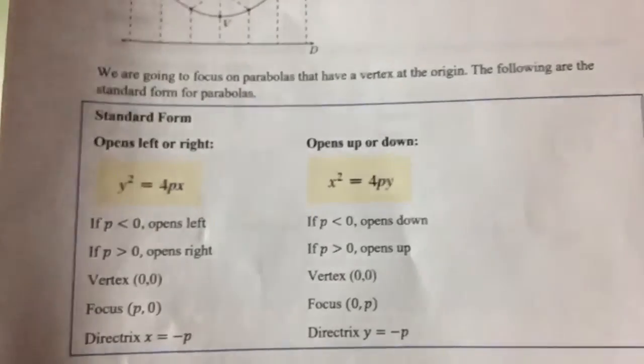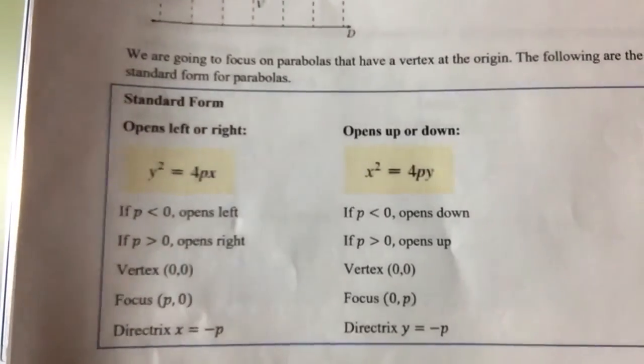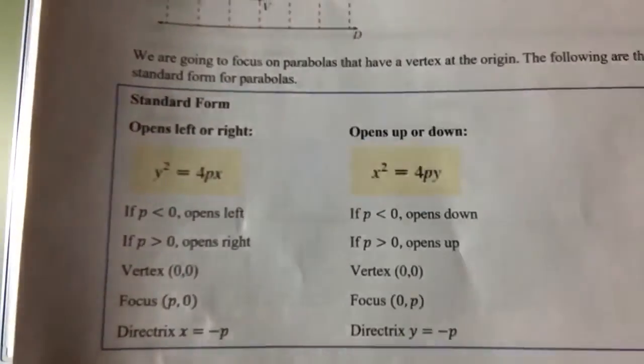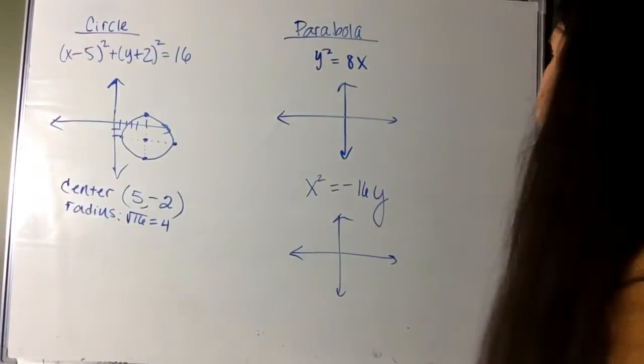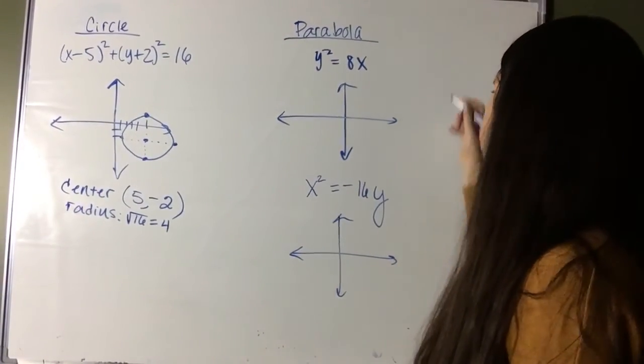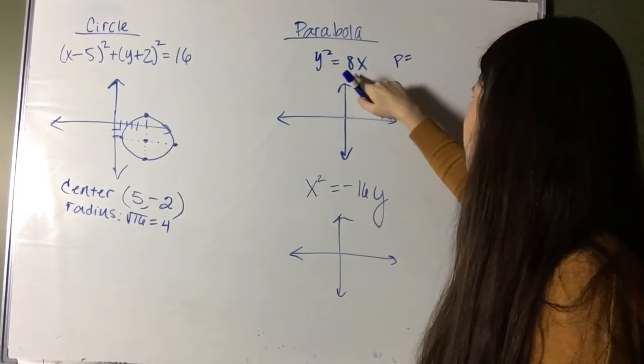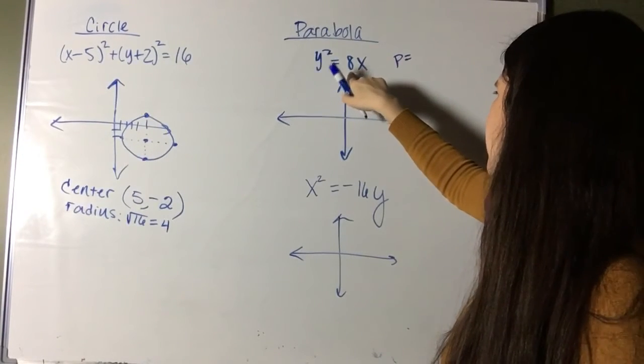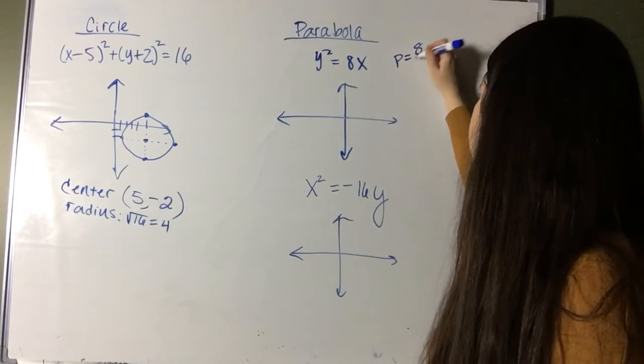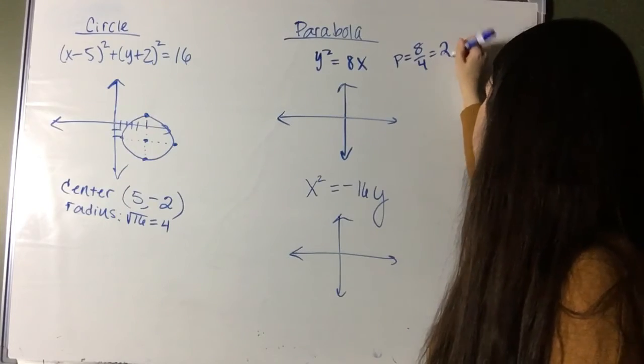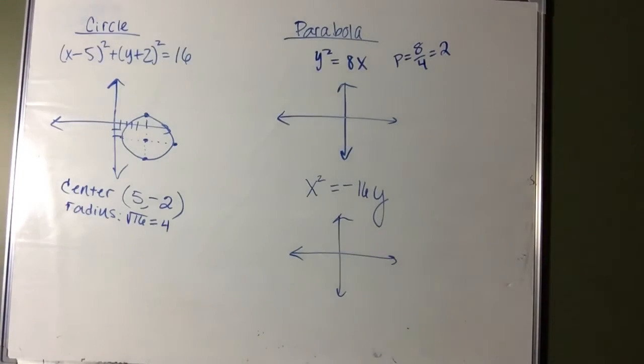So I'm about to start talking about finding this p-value, and it's all based off of this, okay? To get your p-value, that's what you want to start off by doing. It's always just whatever number is in the problem here divided by 4. So our p-value for this one is 2.